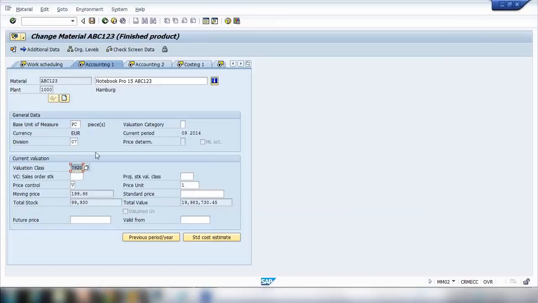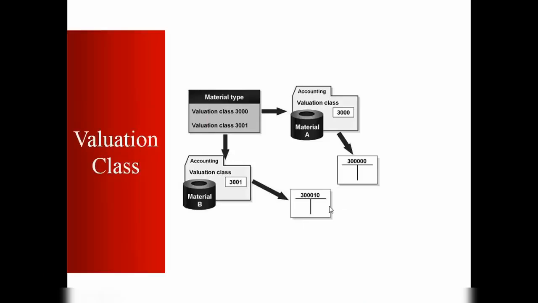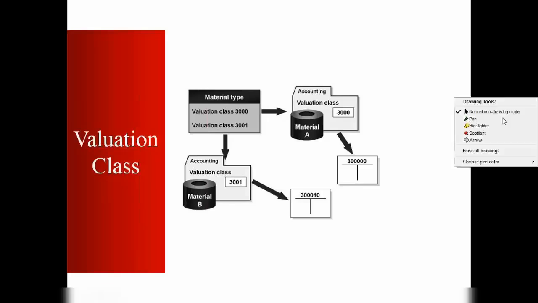Okay, so the only purpose of the valuation class that is linked to a material number is so that the system knows to which general ledger account I need to post it. For example, if material number A has valuation class 3000, the system knows that I need to post it to general ledger account number this, which is linked to this valuation class. For the second material, if the valuation class is 3001, the system knows that I need to post it to this general ledger account because that general ledger account is linked to that class.